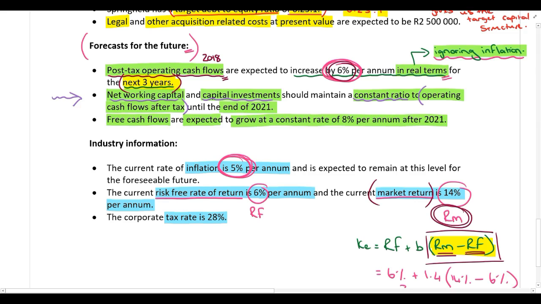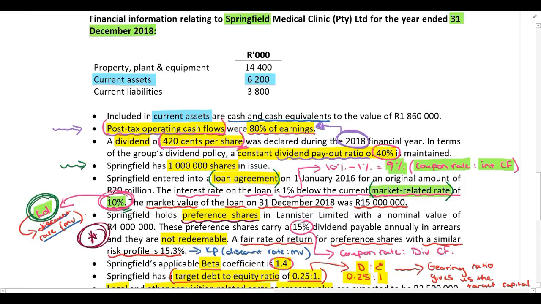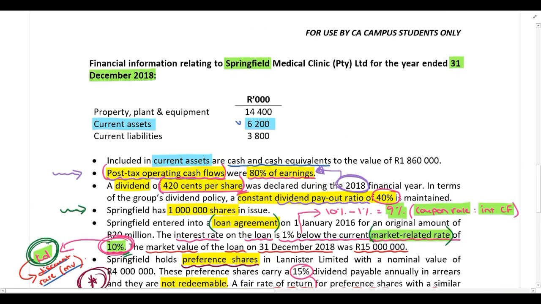Now, make sense of this, guys. What is net working capital? Net working capital is current assets minus current liabilities. Now, at the top of this page, we were given current assets and current liabilities. So current assets minus current liabilities gives you net working capital.